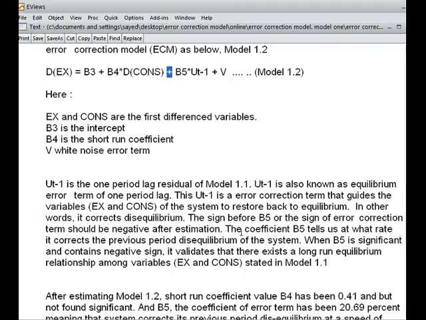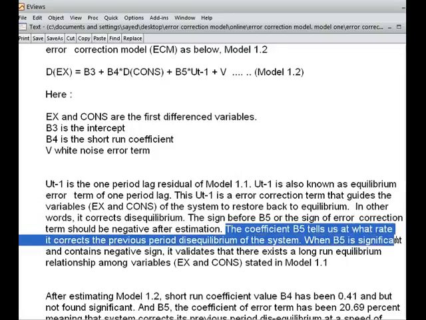The coefficient B5 tells us at what rate it corrects the previous period disequilibrium of the system.